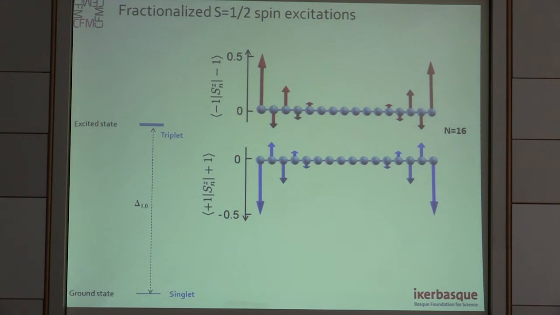And the most interesting thing about these chains, as we mentioned at the beginning, is that the triplet state presents these fractionalized edge states with a finite length, in this case, but we have these spin 1/2 objects just at the border.